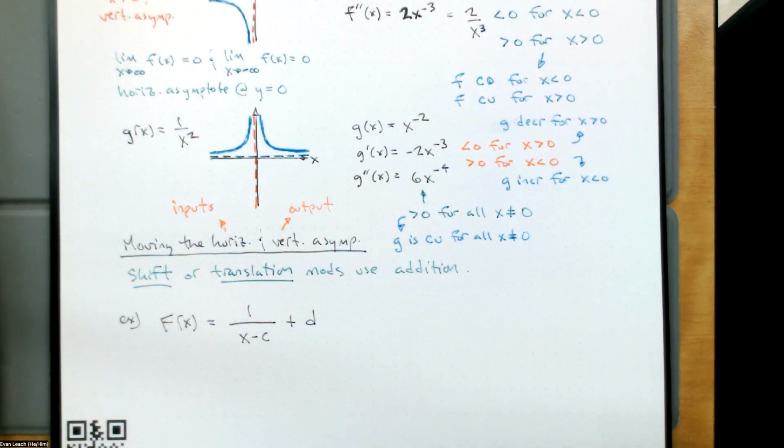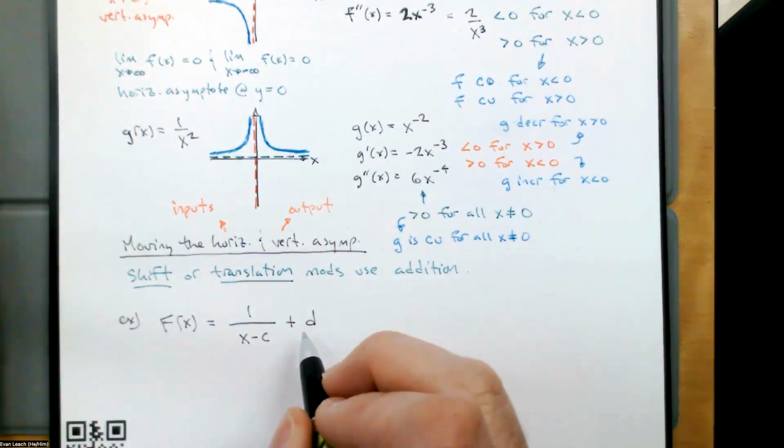So if I take the 1 over x and I modify the input with x minus c, this is going to shift the vertical asymptote to c. If I modify the output with a plus d, that's going to shift the horizontal asymptote to y equals d.